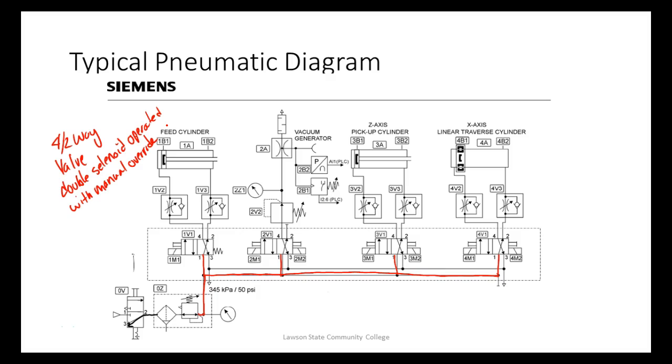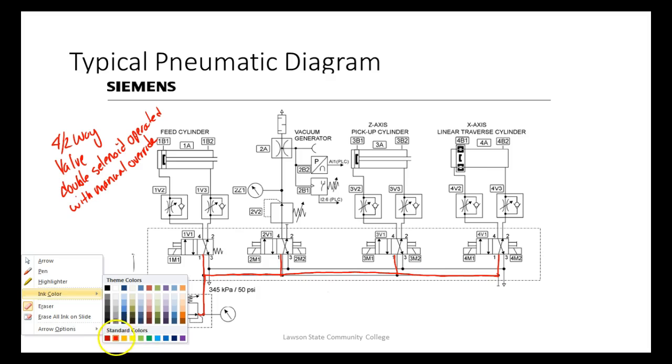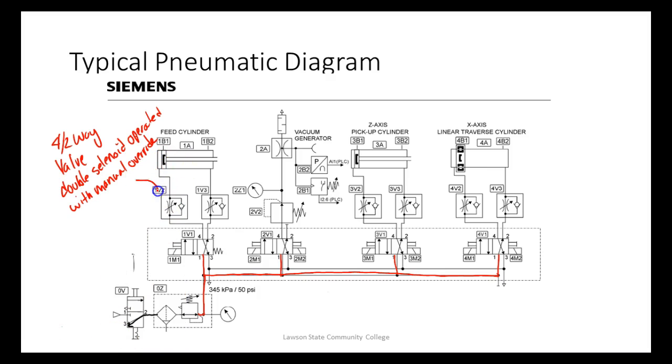With manual override. So here's the manual override. So these are the manual overrides. There's one there, here's one right here, here's one right here. Now notice this has got manual overrides on both sides. This is single solenoid operated with spring return.